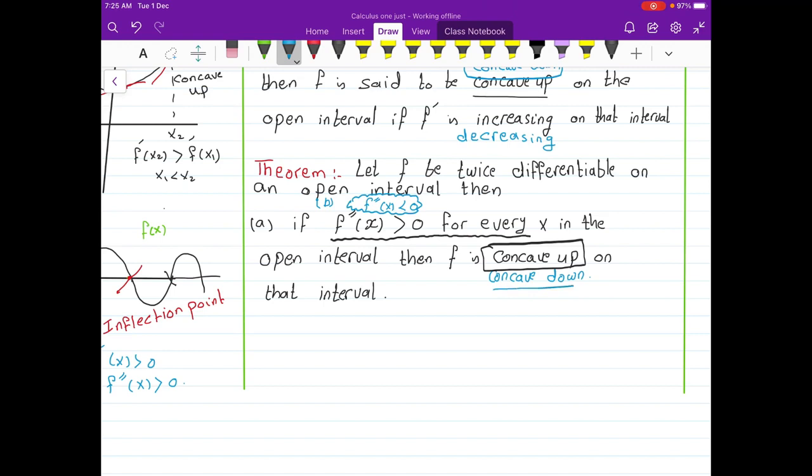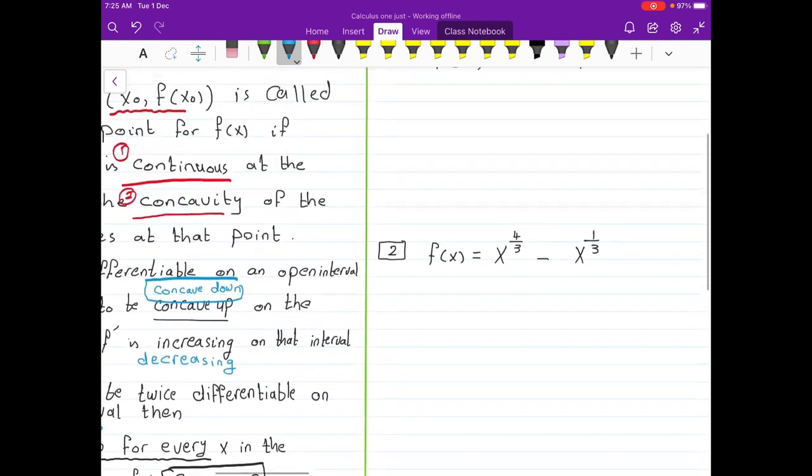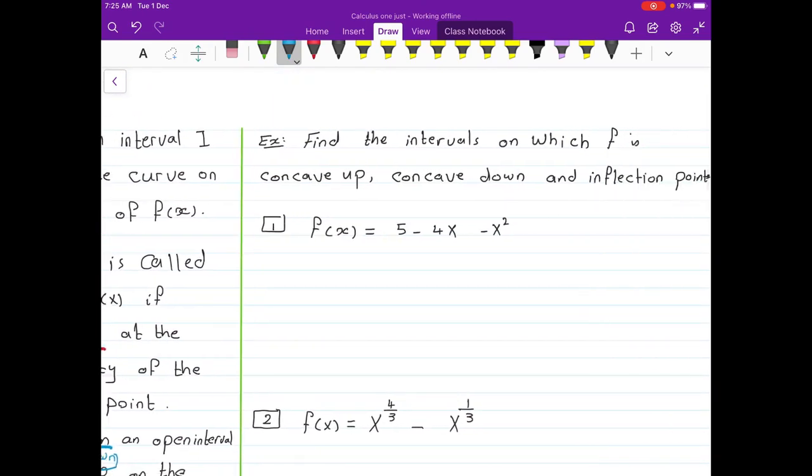If f double prime of x is negative, that means f prime is decreasing. And if f double prime of x is positive, that means f prime is increasing. Okay. For example, find the intervals on which f is concave up, concave down, and the inflection point.